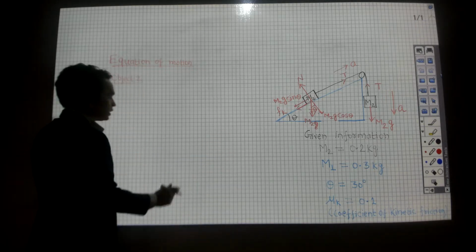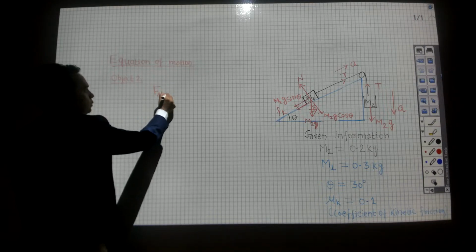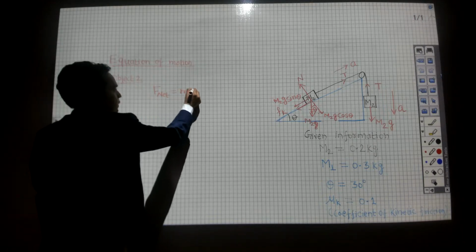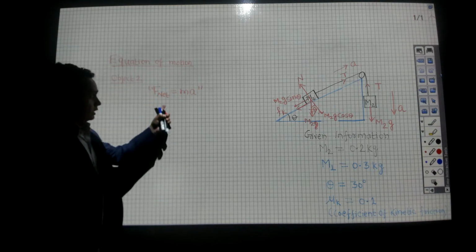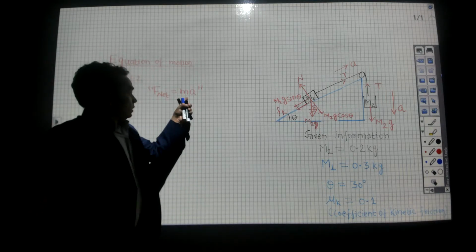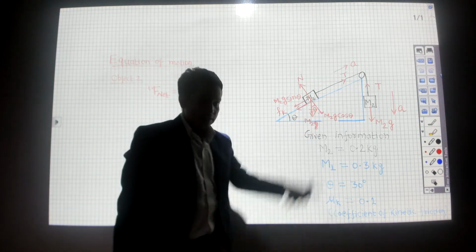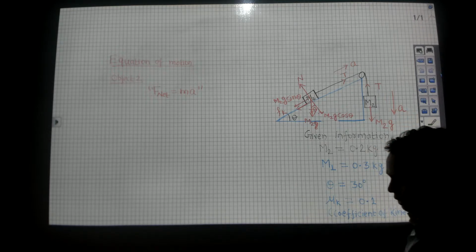So what is Newton's second law of motion? This tells you the net force is equal to the mass times acceleration. What is the net force acting on this object? There are two forces acting on this system. One force is the tension, the other force is the weight. And the system is moving downward.